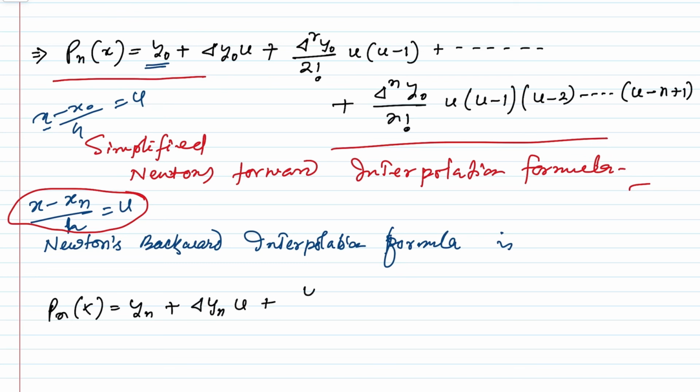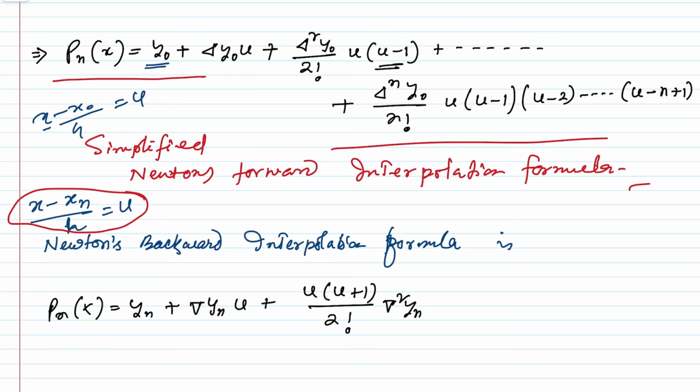del yn into u plus u into u plus 1 by factorial 2. So instead of del there will be nabla, I have made a mistake here. Here it will be nabla yn, nabla square yn.